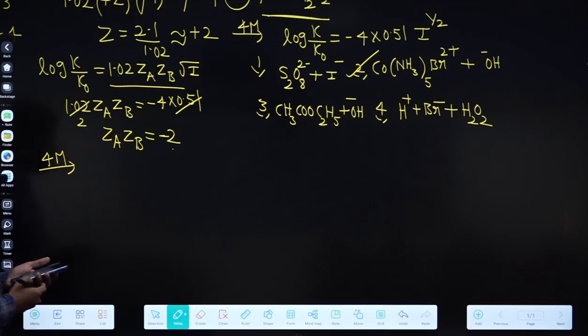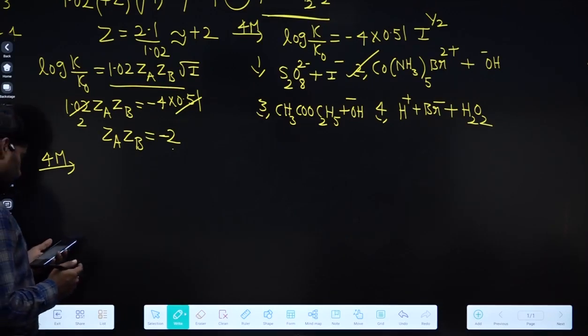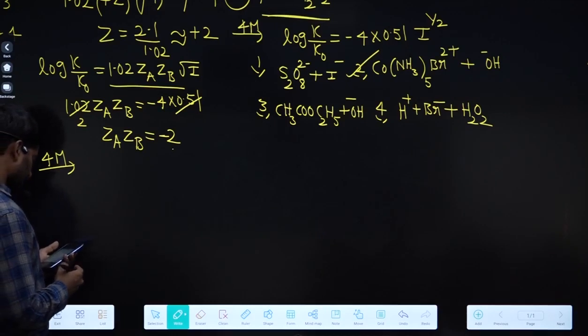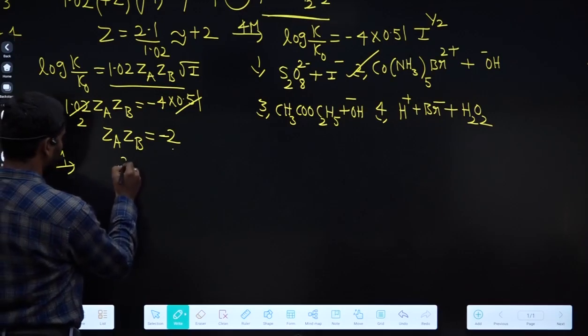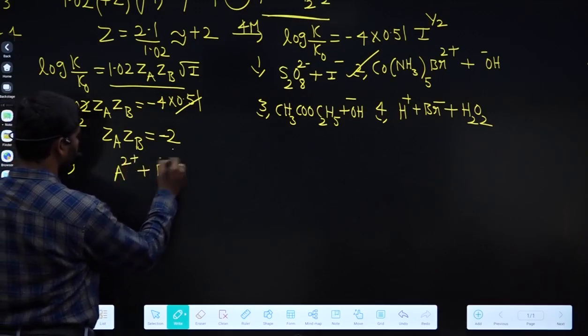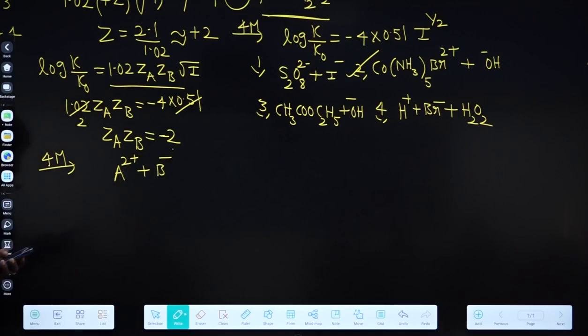The plot of the rate constant versus ionic strength of the reaction A2 plus B minus follows the line.